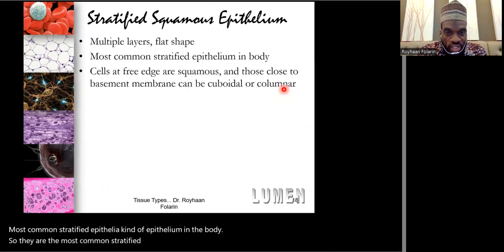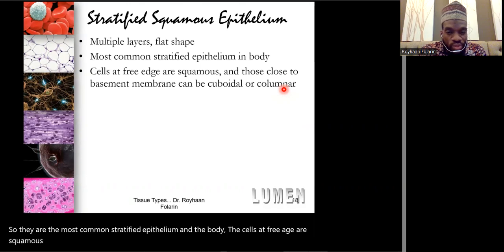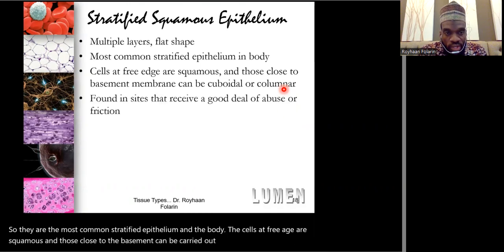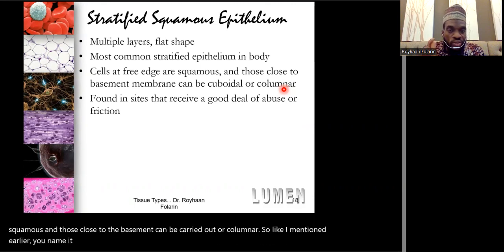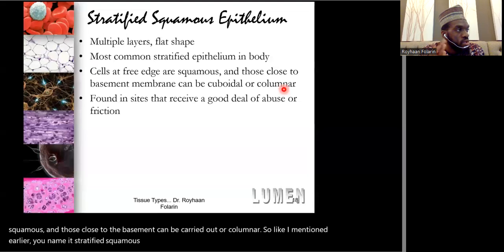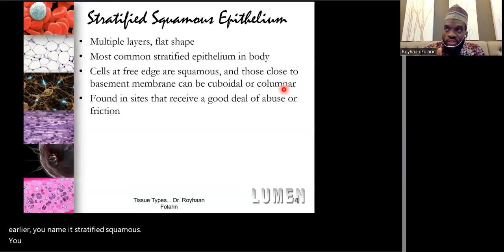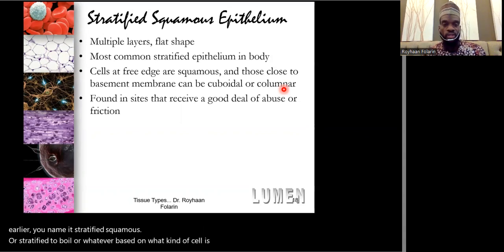The cells at the free edge are squamous, and those close to the basement membrane can be cuboidal or columnar. Like I mentioned earlier, you name it stratified squamous or stratified cuboidal or whatever, based on what kind of cell is at the apical side.